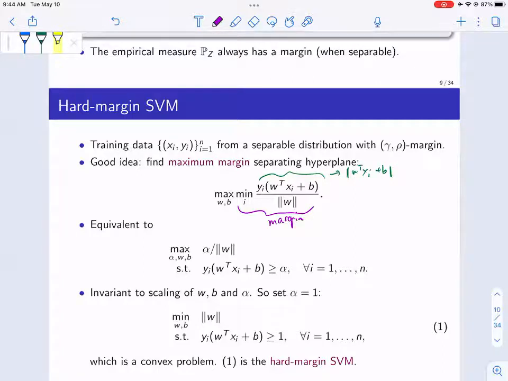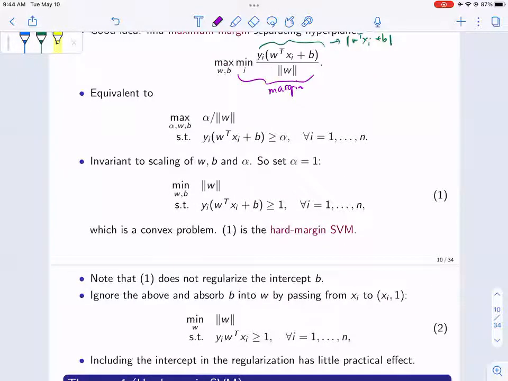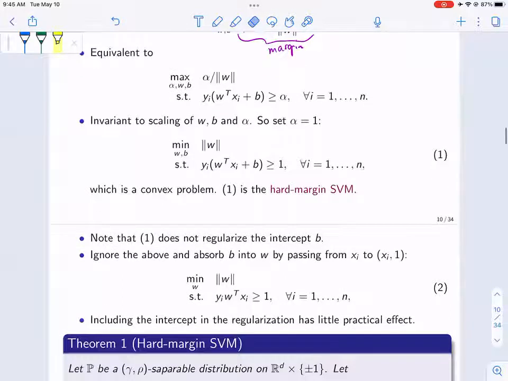And if you maximize over the hyperplanes, which is maximizing over these two parameters, then we have the max margin classifier, right? You can see that this problem is equivalent to introducing the slack variable alpha. If I maximize over alpha first, I hit this boundary, which is the minimum, and then I'm maximizing that minimum over W. Some thought gives you that things are scaling invariant, and you can equivalently assume that alpha is equal to 1.